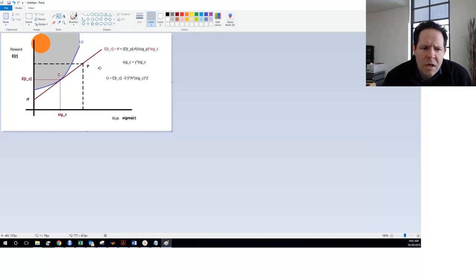For that reason, we say that point C is the best possible portfolio that the investor can choose.